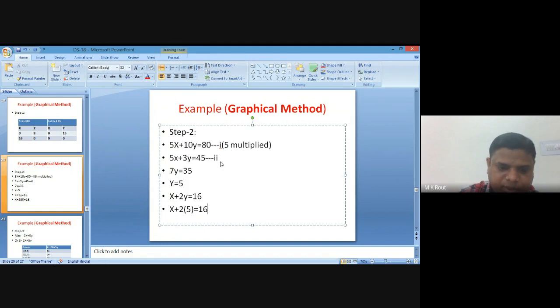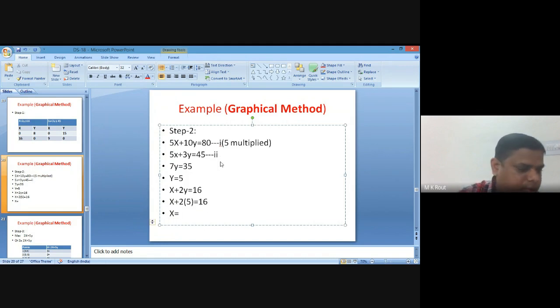If you simplify this one, x is equal to how much? 6. Is it clear? Yes, sir. Move to the next one.